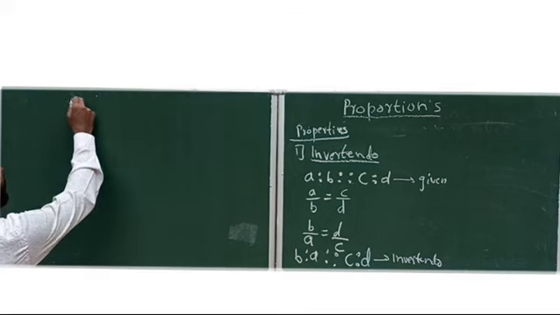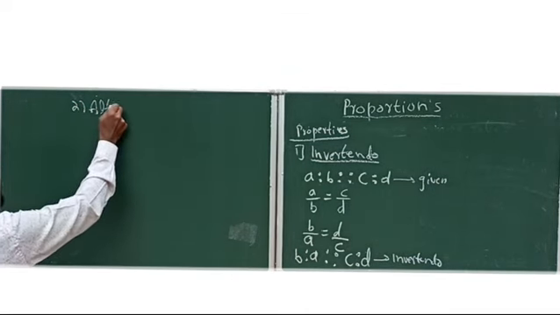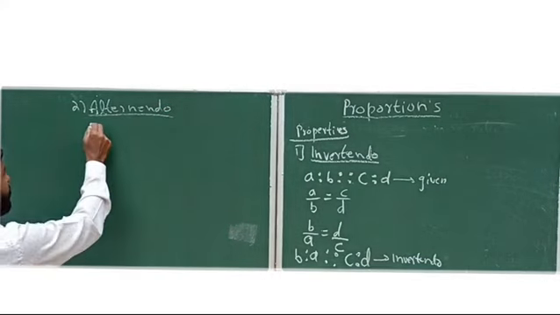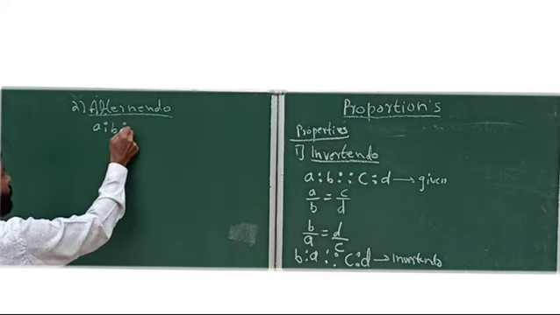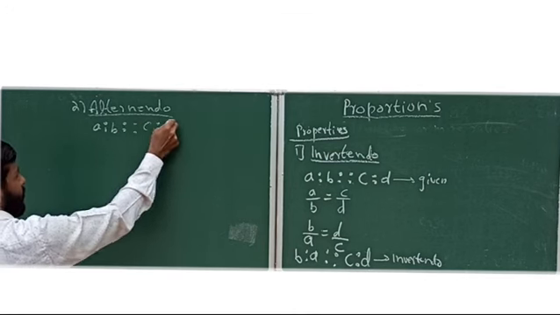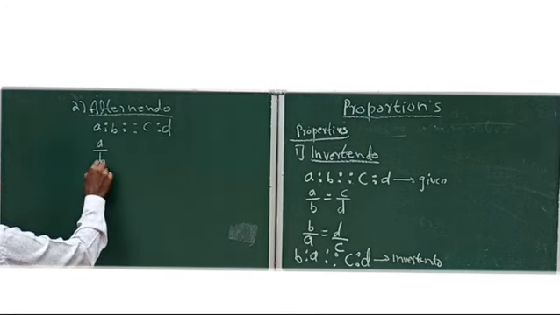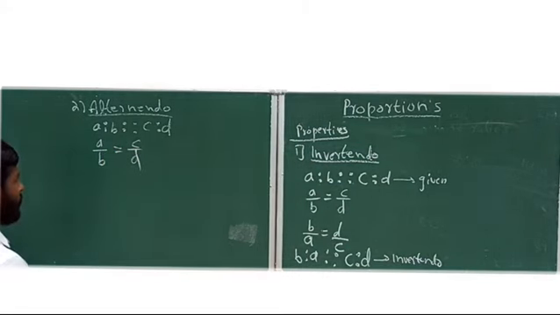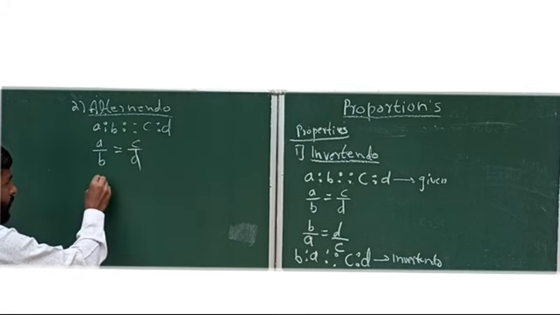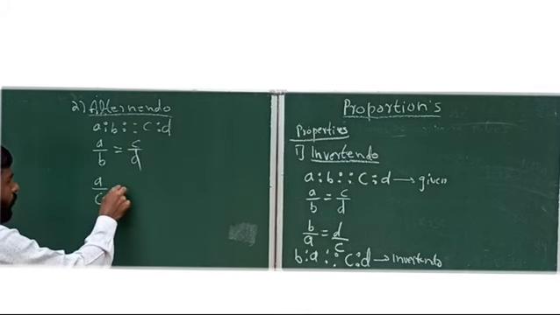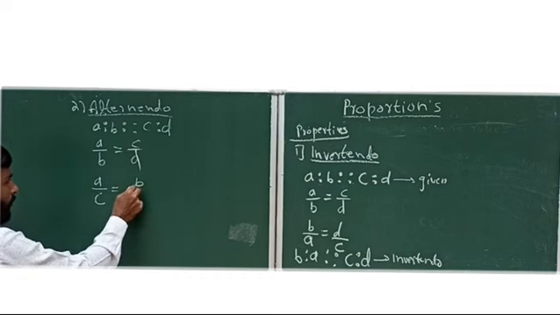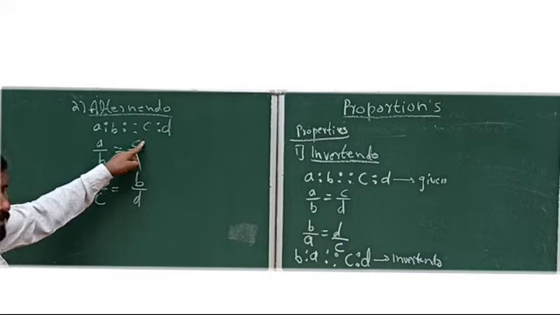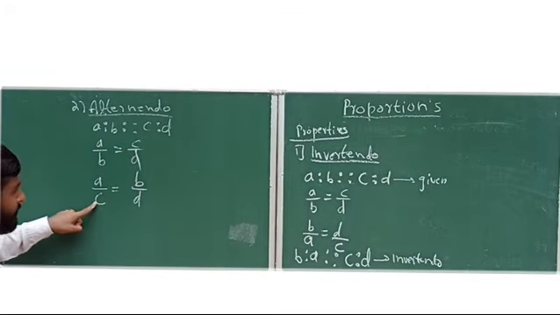Second one is alternando. Again consider the proportion A is to B proportional to C is to D. You can write it as A by B is equal to C by D, right? Now see, I am shifting this C here, A by C equal to B by D. You are just taking C here and B here. Now see, in place of B, C is there.